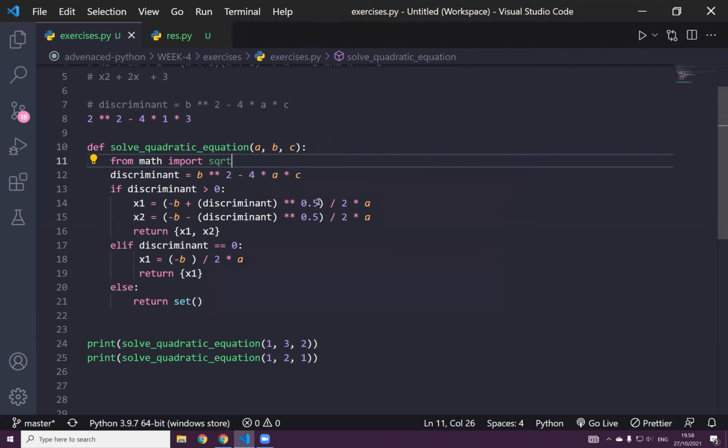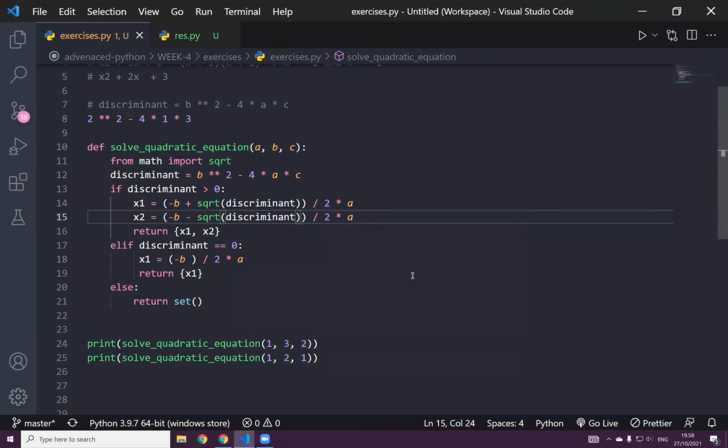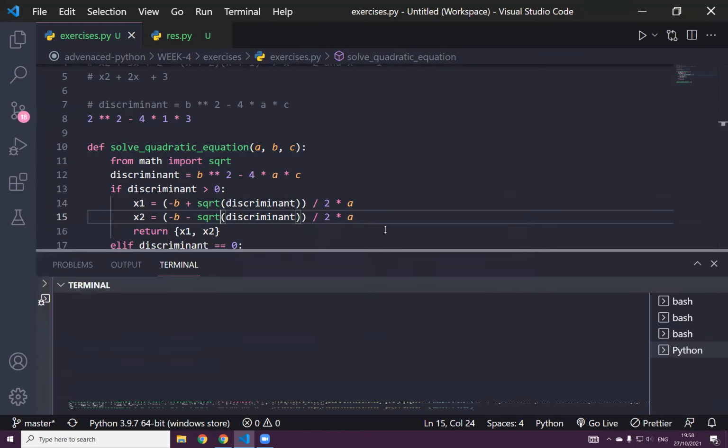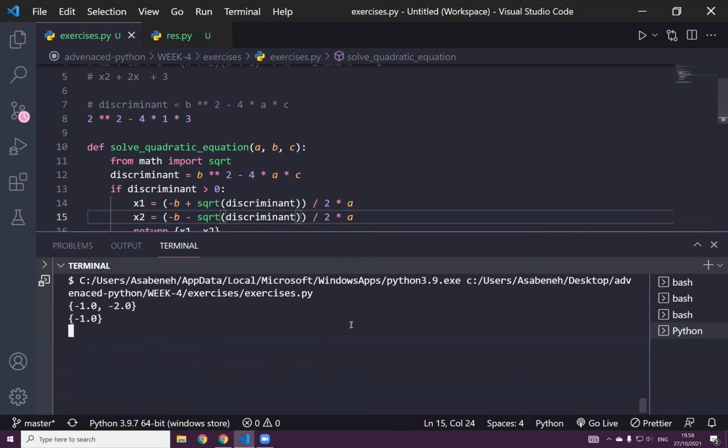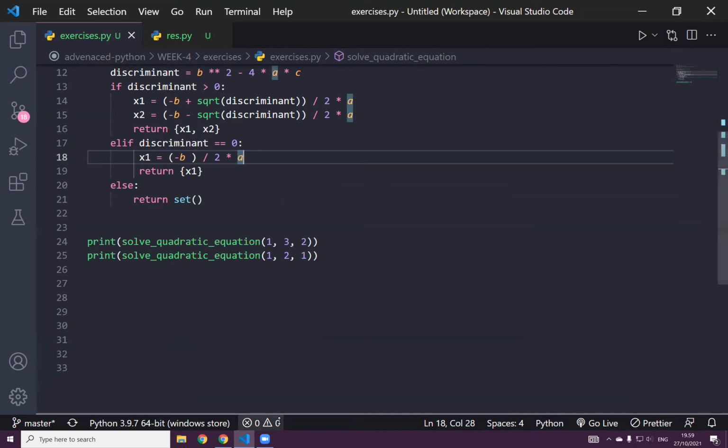And now, instead of doing this, you can also do sqrt. Yeah, let's see the solution. Yeah, the same value we got. Okay, great. You can use this or the other, it doesn't really matter.